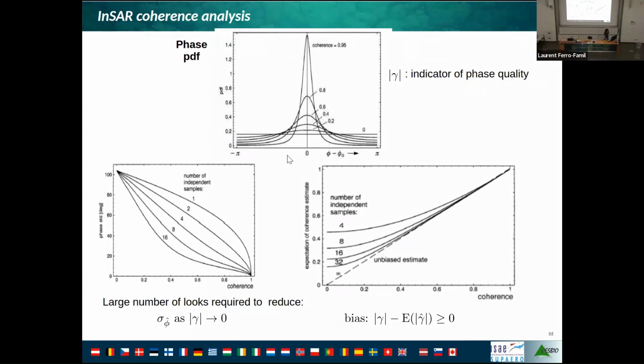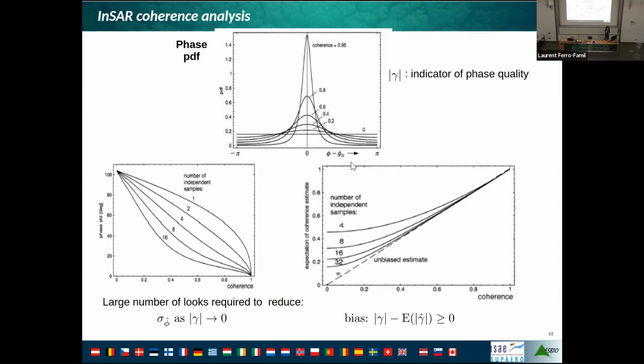These are plots of the probability density functions, let's say the histograms of phase, for different values of coherence modulus. When the coherence modulus is very high, close to 0.95, the interferometric phase is mainly concentrated around the true value, which is phi0 in this case.